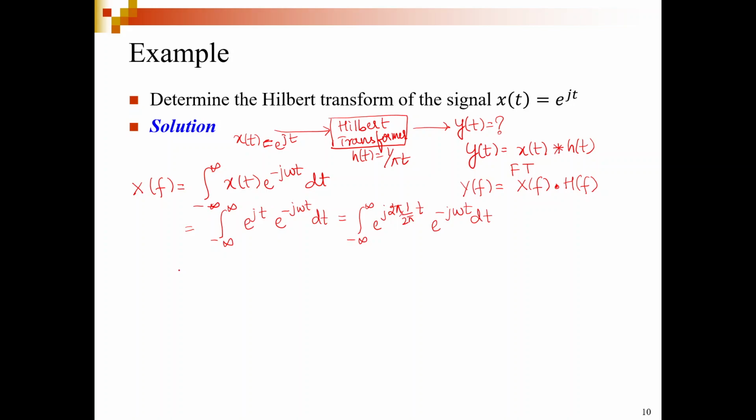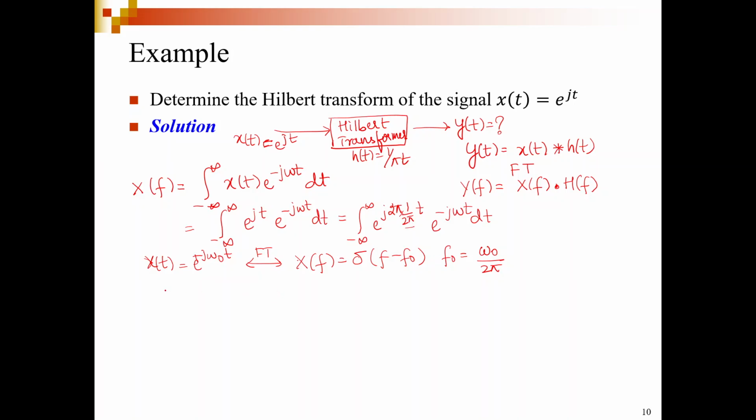We know that for a signal of the form e to the power plus j omega naught t, the Fourier transform is delta of f minus f naught, where f naught is omega naught by 2 pi. So in place of f naught, we have 1 by 2 pi over here.